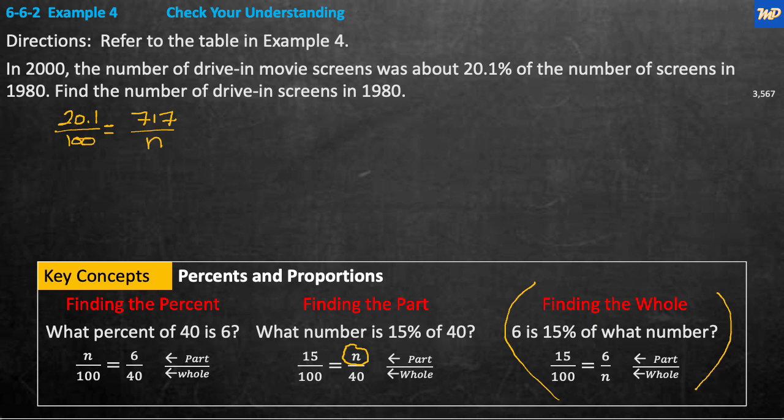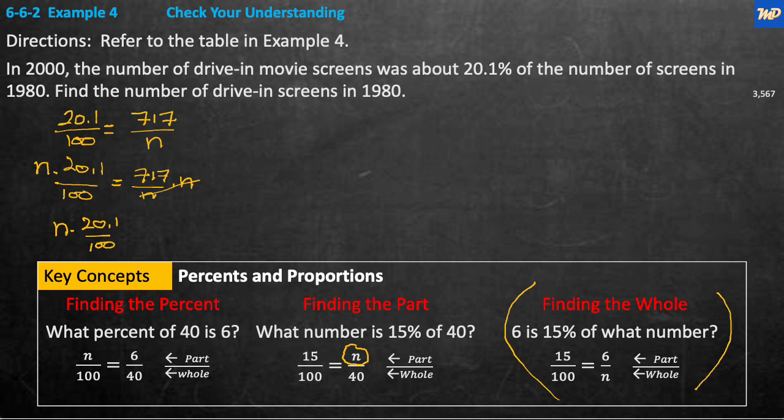We're going to multiply both sides by n. I'm going to say n times 20.1 over 100 is equal to 717 divided by n times n. The n's cancel, and now we end up with n times 20.1 divided by 100.